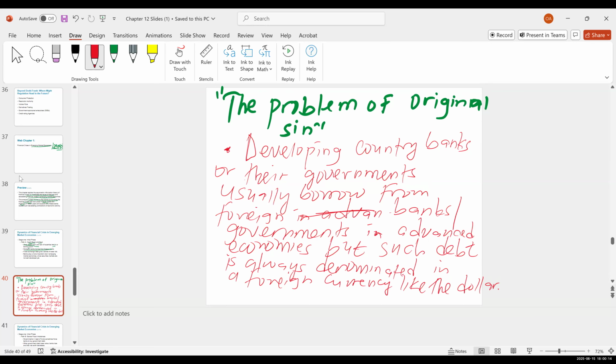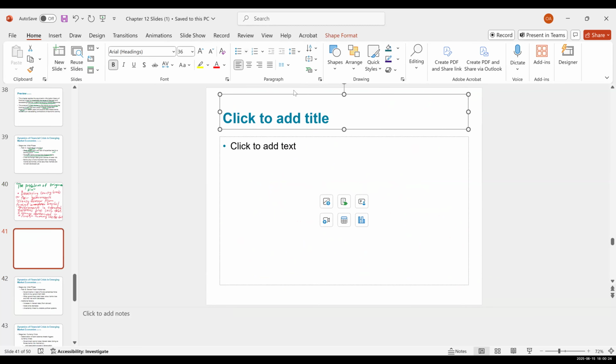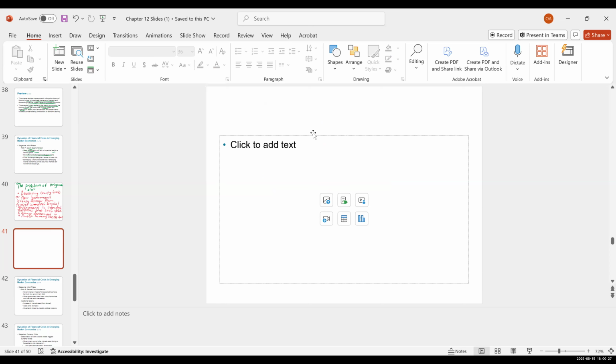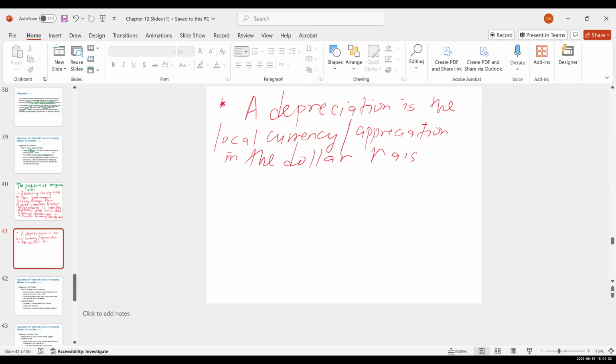Okay. So what does that mean? So when Mexico is borrowing money from the United States, or a Mexican bank is borrowing money from a bank in the United States, that debt, that loan is always denominated in US dollars, in a currency that Mexico does not control. Okay. So that means a depreciation in the local currency, or you can say an appreciation in the dollar, raises the local currency equivalent of the debt.